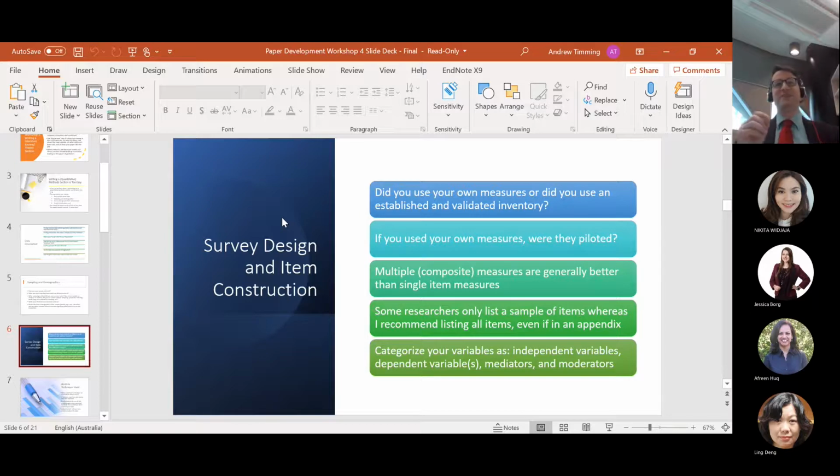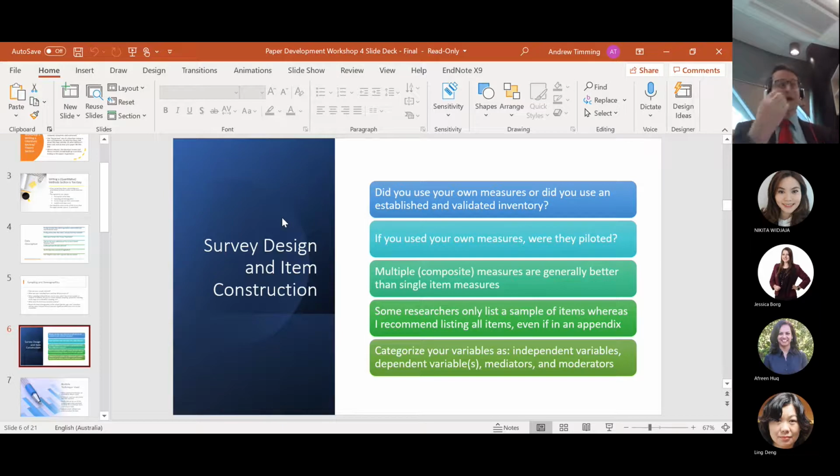Now, I've seen method sections where some researchers only list a small sample of items. So they'll say, for example, we use this inventory and here's an example of 2 items. I think this is a mistake. I think it's important to list out every single item that you use. And if you use a huge inventory or many items, you can put this in an appendix if you need to.